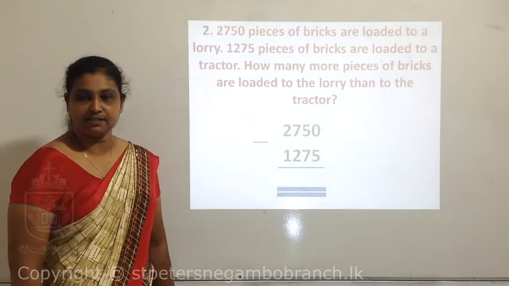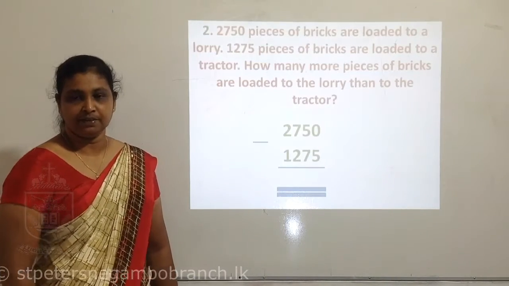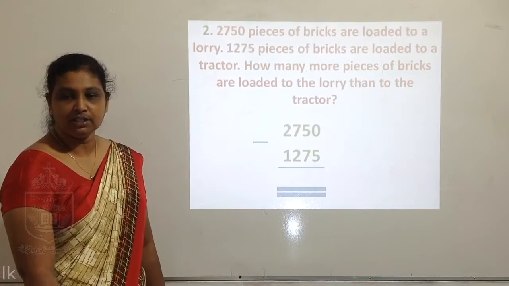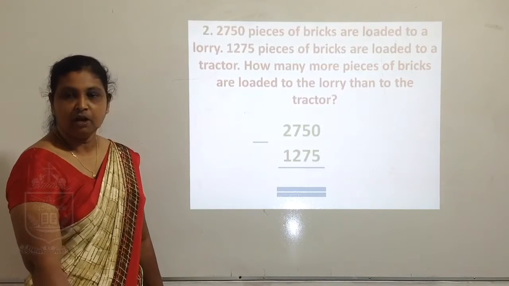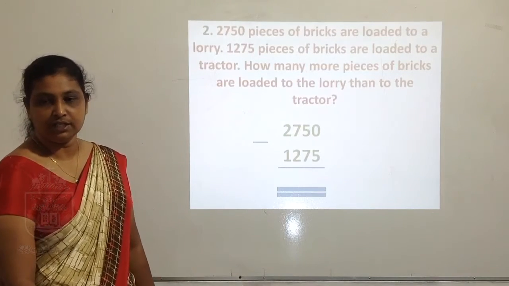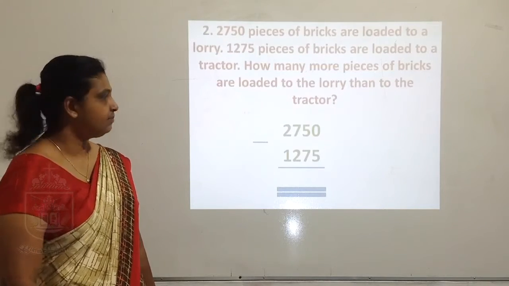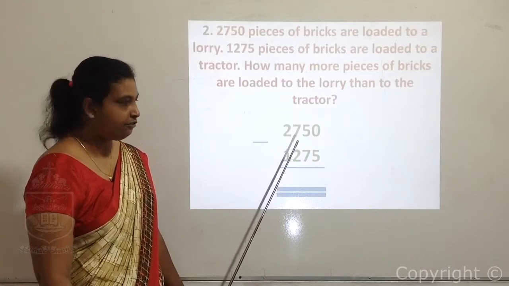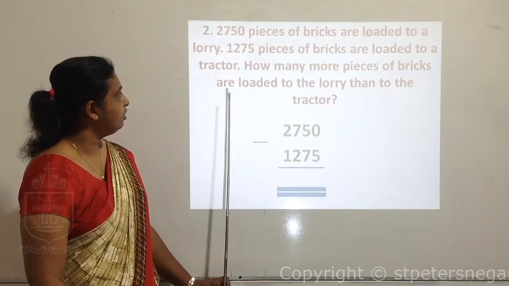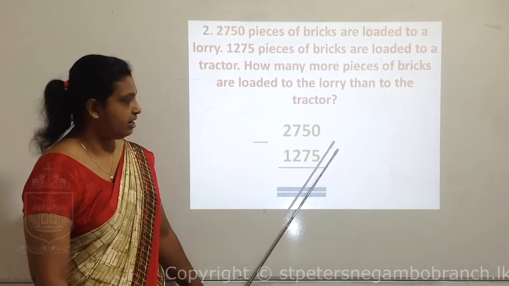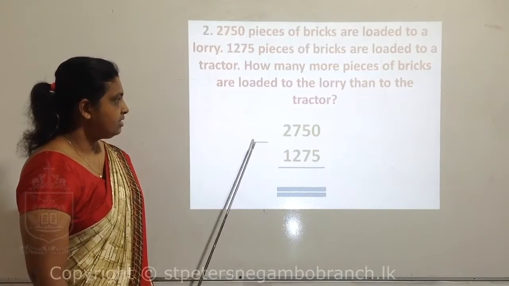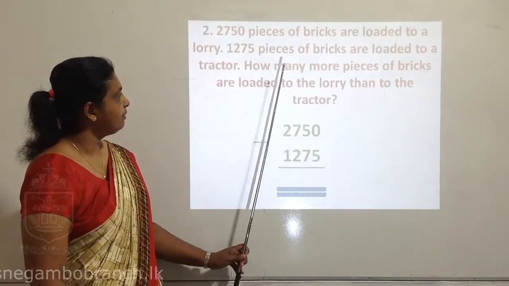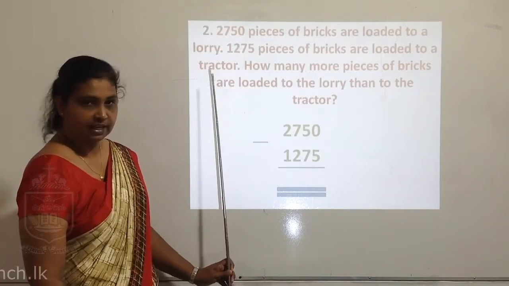2750 pieces of bricks are loaded to a lorry. 1275 pieces of bricks are loaded to a tractor. How many more pieces of bricks are loaded to the lorry than to the tractor? So this number is the amount of bricks loaded to the lorry. It is 2750 minus 1275, the amount of bricks loaded to the tractor.